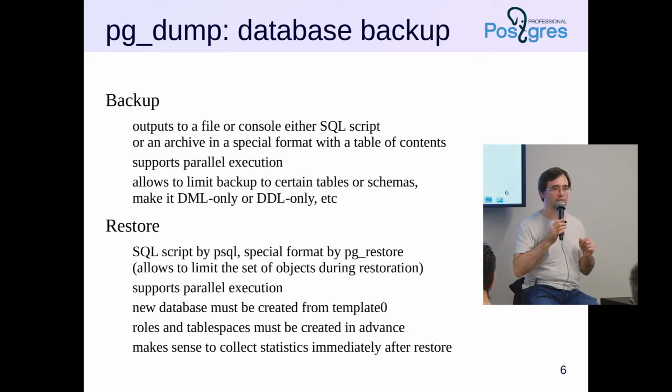So all global objects of your cluster, such as roles and table spaces, you have to backup separately. So you can make dump of your database, and to restore this database on another server, you have to create your roles, you have to create table spaces in advance, and then you can restore your backup.